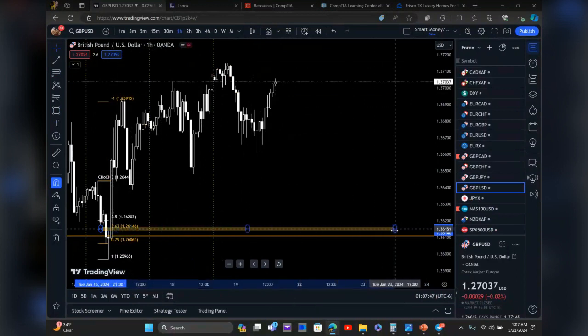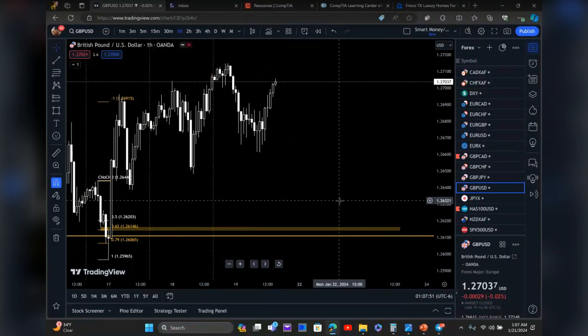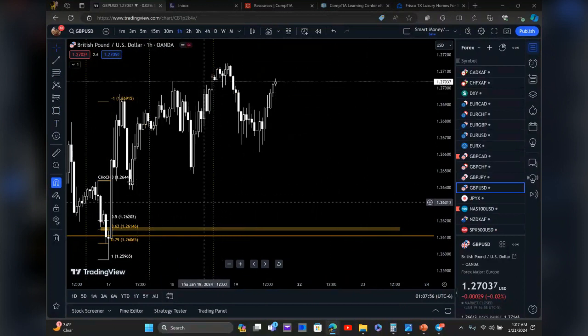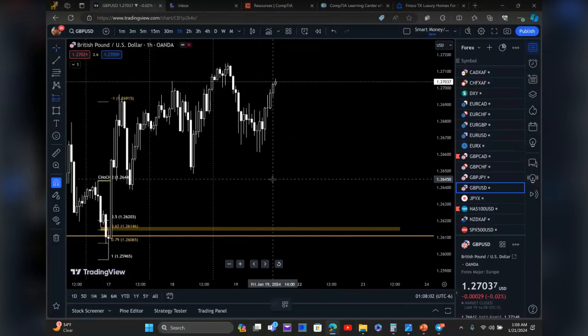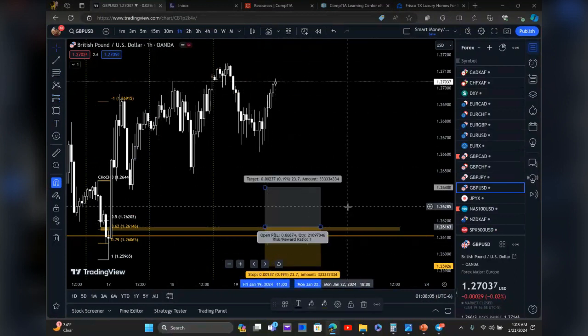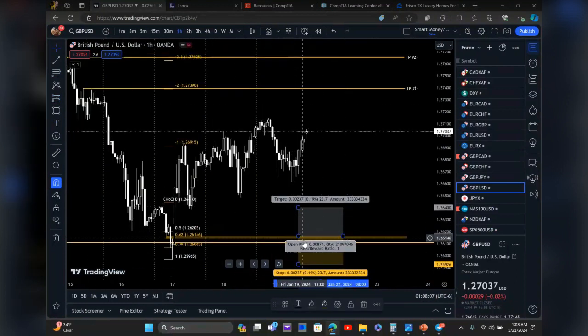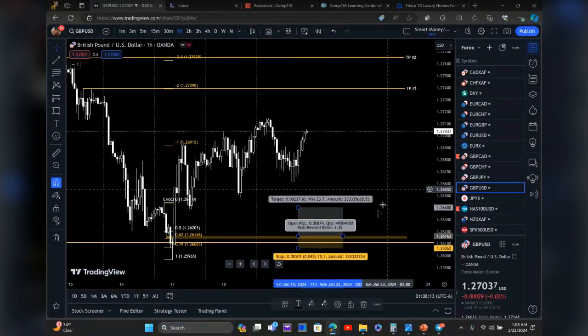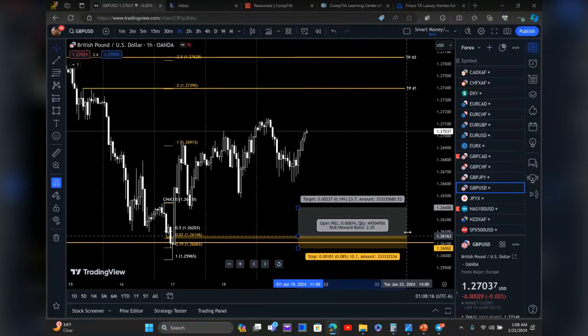Okay. So I would probably look for price to come there. All right. That fair value gap. If I put my long position tool, put it there. And I would most likely put it down here just to be safe, give me some cushion.